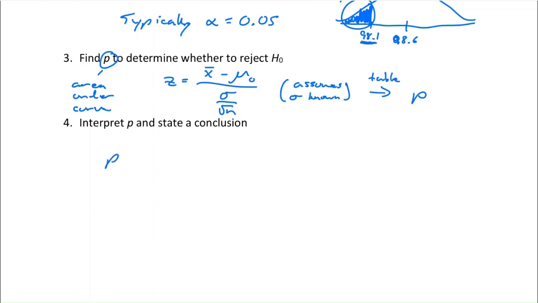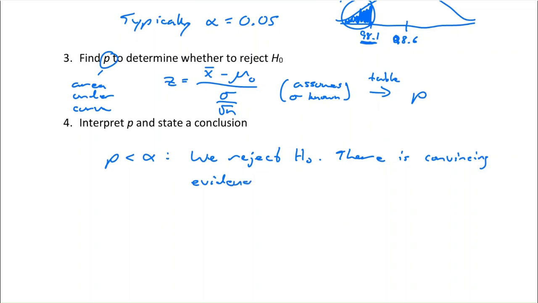So if P is less than alpha, right, very, very small probability of happening by chance, that gives us the evidence to reject the null. So we would reject the null hypothesis, and we would say that there is convincing evidence, not just evidence, but convincing evidence for the alternative. Now, again, we're not saying 100%, we're not saying for sure, but we just have very, very strong, very convincing evidence for the alternative.